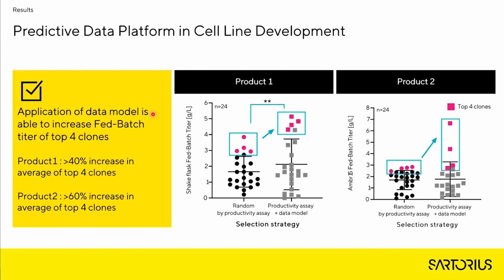It's not only about the top 4 clones; you see that the likelihood of selecting better clones is also increasing if you look at the average line of the total clones in that Amber run. So these are the 2 products.